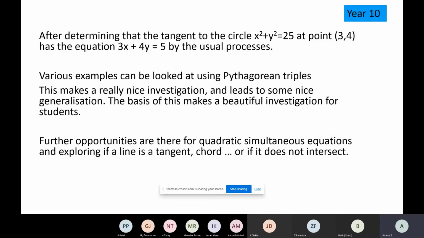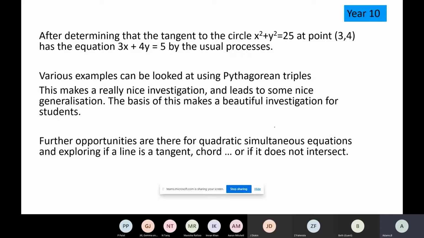So you might try (minus 3, 4) next, or you might do a 5, 12, 13, or a 6, 8, 10, so 6, 8, 100 would be the circle, and see if you can get them to generalize themselves. And it's a good way to get them to practice it, but also to try and generalize.